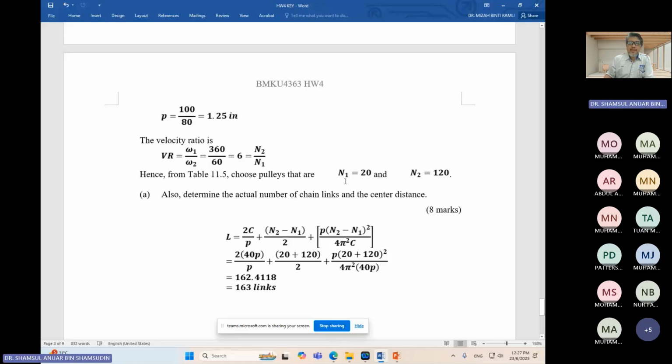From there you choose this information, and to find the chain length, you can use this equation.